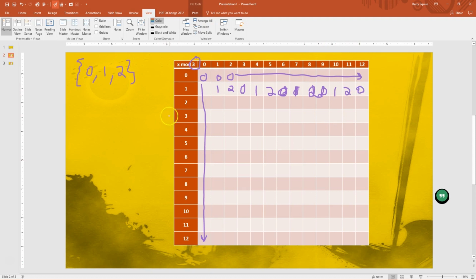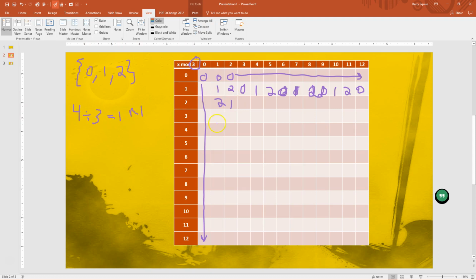Now let's kind of see what happens with our 2's. Well, 2 times 1, that's 2. That's acceptable. 2 times 2, that's going to give us 4. 4 divided by 3, that's going to give us 1 with a remainder of 1.